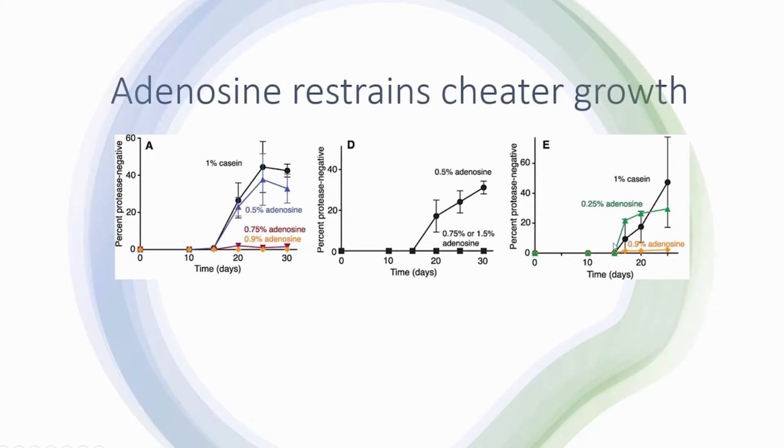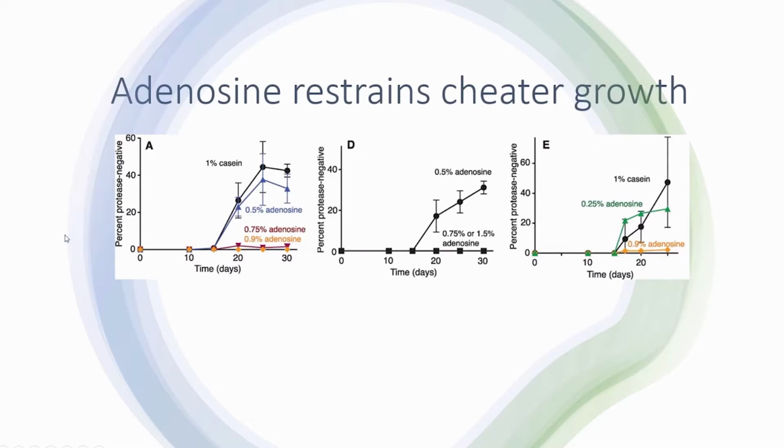And in the last graph, we see that there's a pretty substantial amount. Same with D. And also noting that in graph D, 0.75% or 1.5% of adenosine had no social cheating at all.